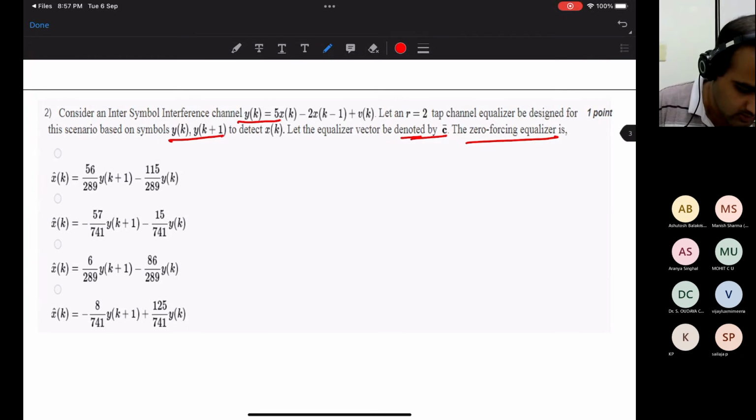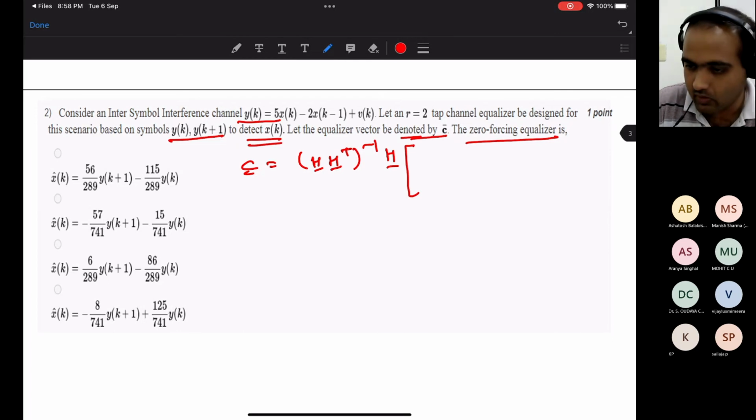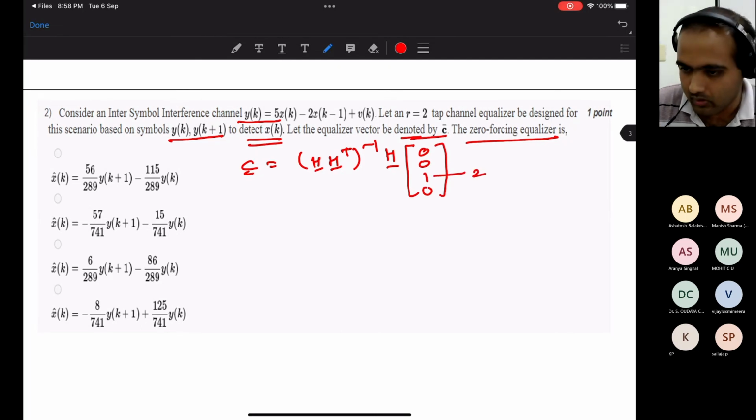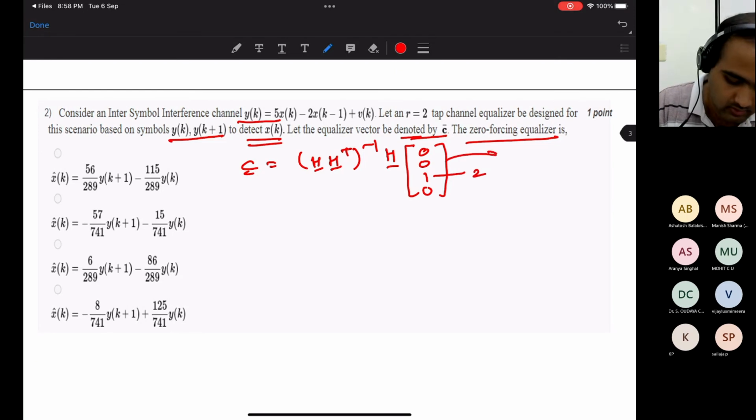What was my formula for the equalizer? It was H transpose H inverse, H transpose, times, and we want to detect xk. So my 1 vector will be at this second position, represented as 1 2.